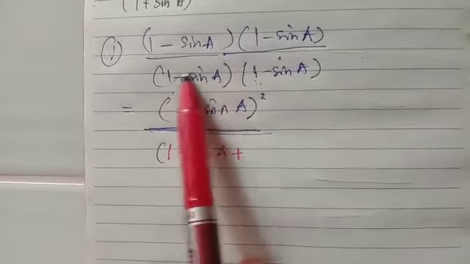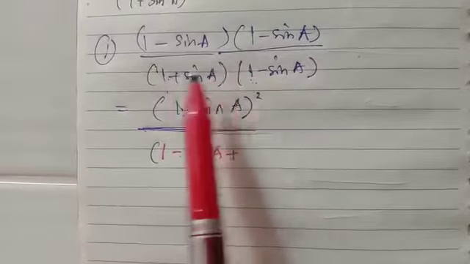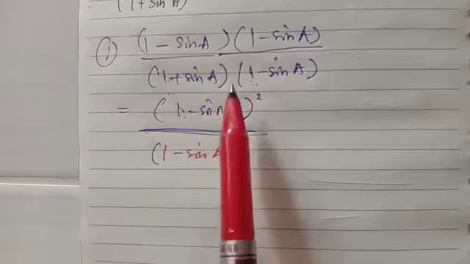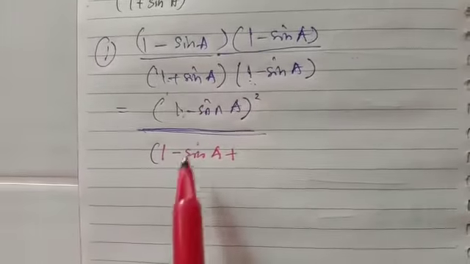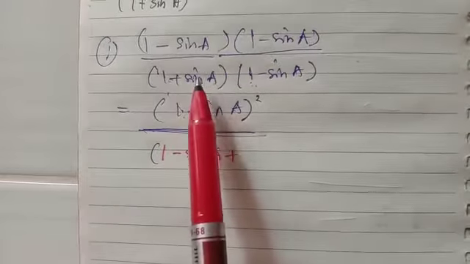Let's look at the denominator. 1 times 1 equals 1. 1 times negative sine equals negative sine of the angle.